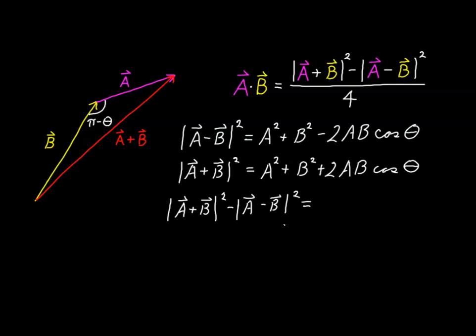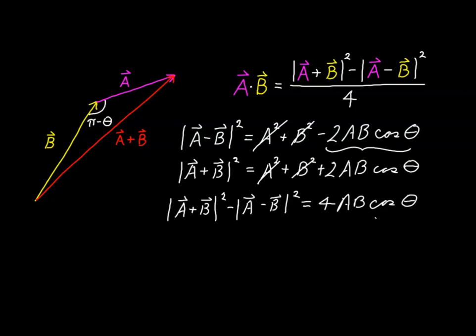And on the right side, you can surely see that these will cancel out when we subtract. And because this is negative, when we subtract, we're going to get 4 of these guys: 4ab cosine theta.